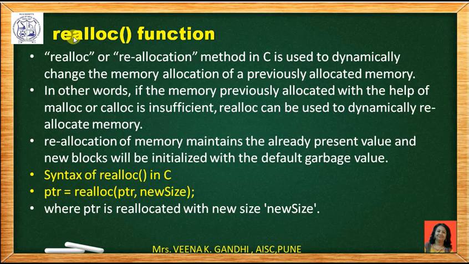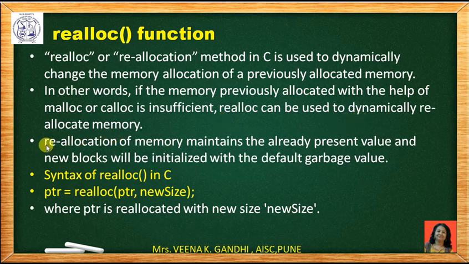Next function, the realloc function. Realloc, or reallocation method, is used to dynamically change the memory allocation of previously allocated memory. In other words, if the memory previously allocated with the help of malloc or calloc is not sufficient and we want to increase the memory, in that case realloc can be used to dynamically reallocate the memory.